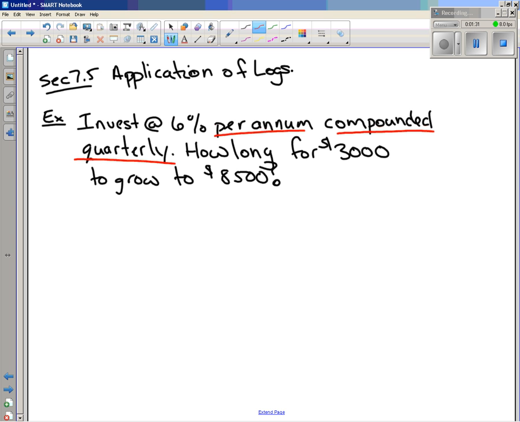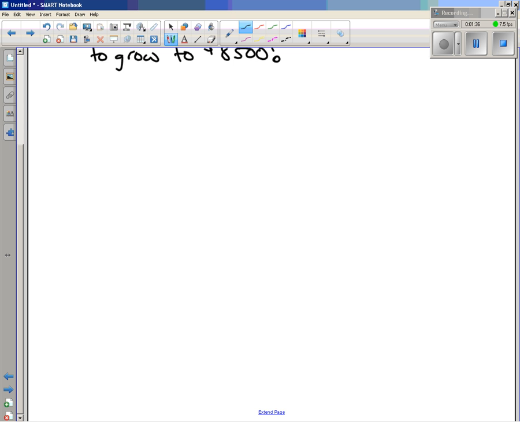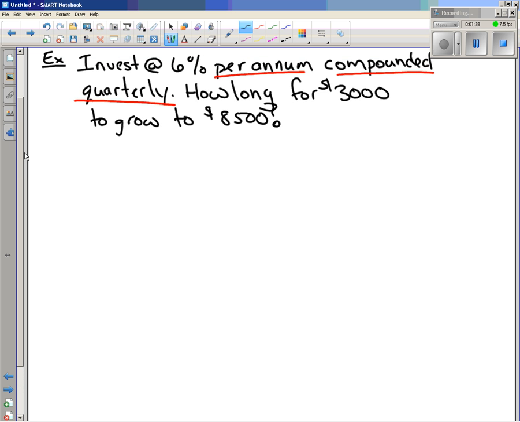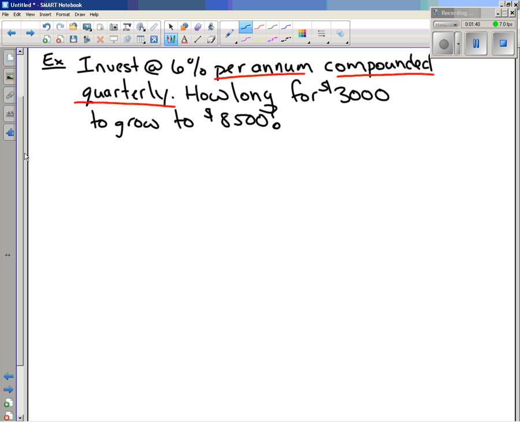Okay, what we do when we're looking at financial math and compounding, different compounding periods, our interest rate is 6% per year, so 0.06.